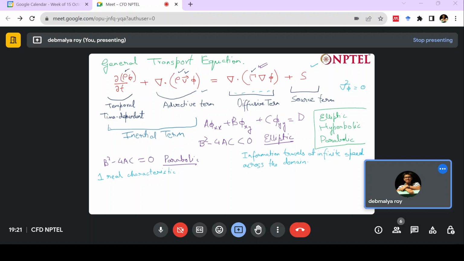So here, basically, what happens is information travels only to points on one side of the characteristic.